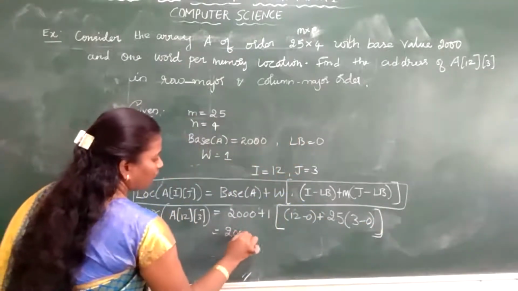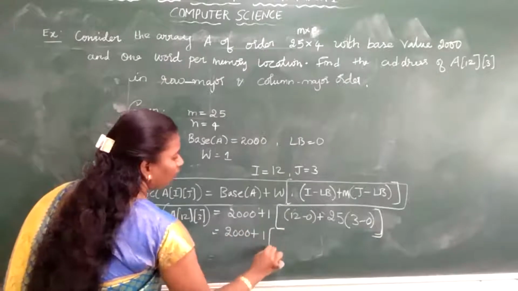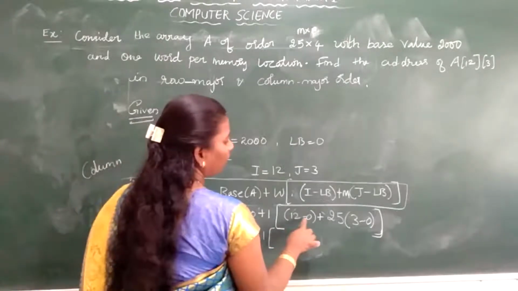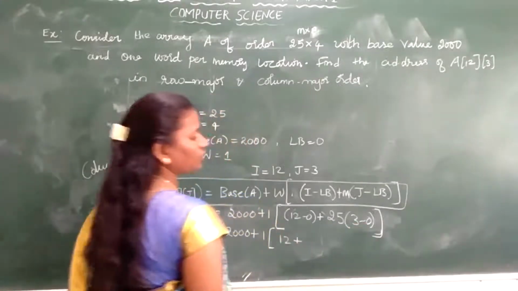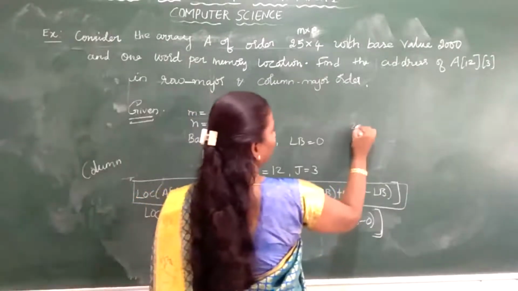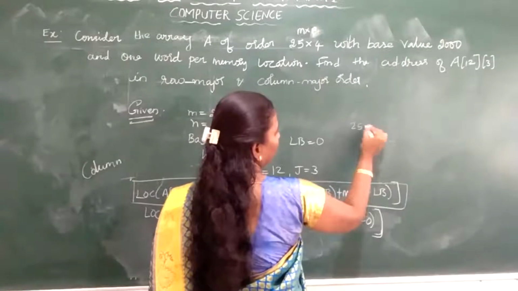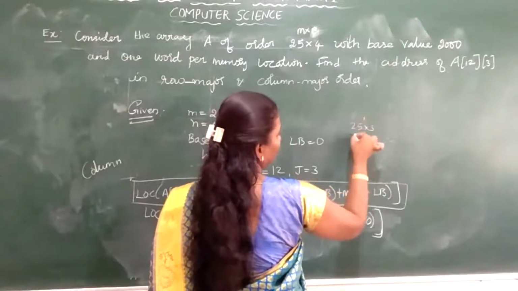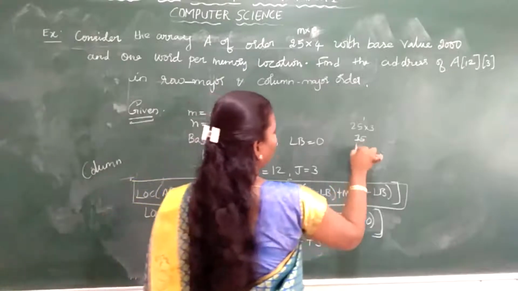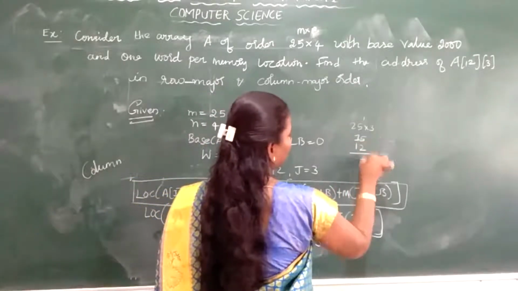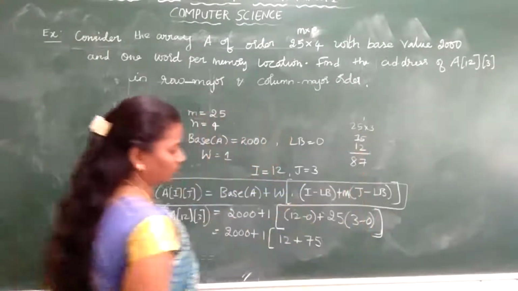So 2000 as it is plus we solve inside the bracket. 12 minus 0 is 12 plus 3 minus 0 is 3 only. What is 25 into 3? 3 5s are 15, 3 2s are 6, 75. So we have 75. 75 plus 12 how much? 87.